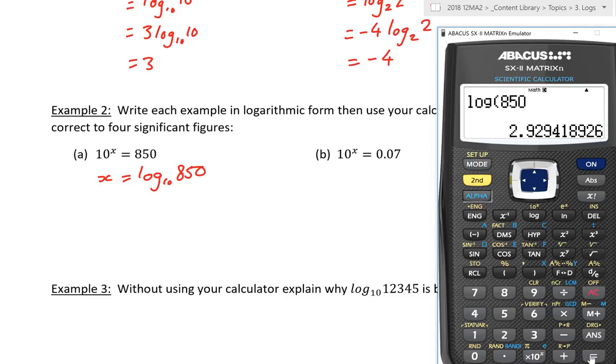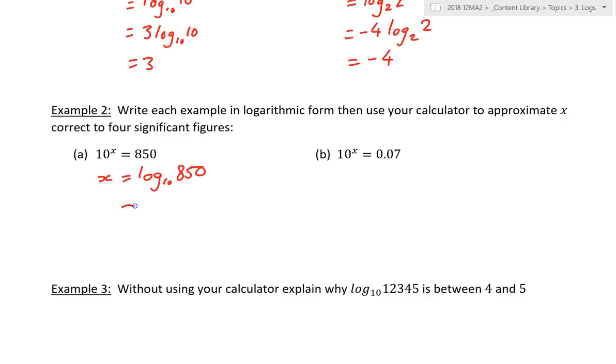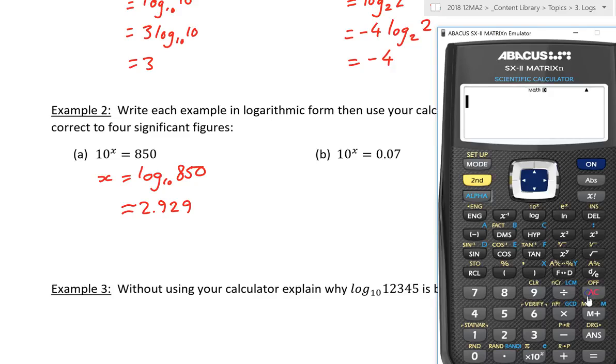And I get, what do I want, 4 significant figures? 2.929. Okay, now this, back to the calculator, clear that away. Now the log of 0.07 equals negative 1.155.